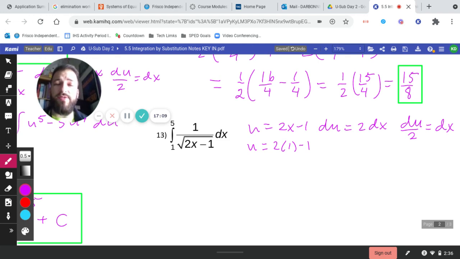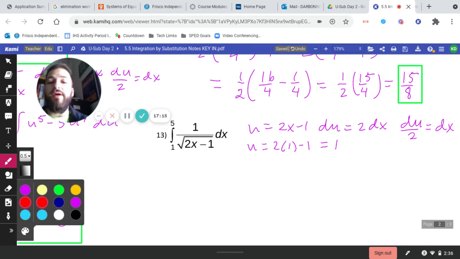So 2 times 1 is 2, minus 1 is 1. And then my other change of base is my 5. So u is equal to 2 times 5 minus 1. So 2 times 5 is 10, minus 1 is equal to 9. So my new b would be 9.